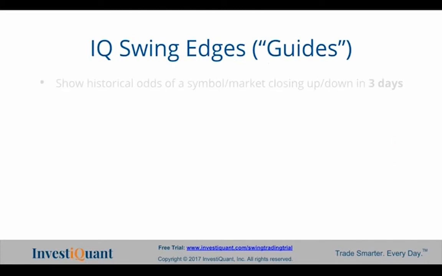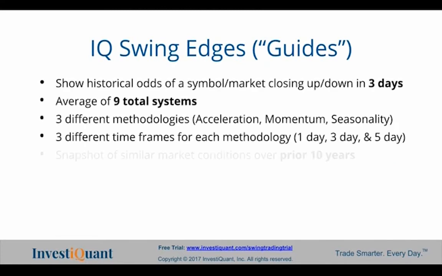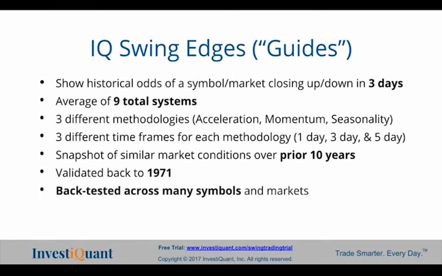What we do is show historical odds over 3 time frames at InvestaQuant: the 1 day, the 3 day, and the 5 day. So we're looking at a swing time frame. What are the odds the market's going to move higher over those time frames?